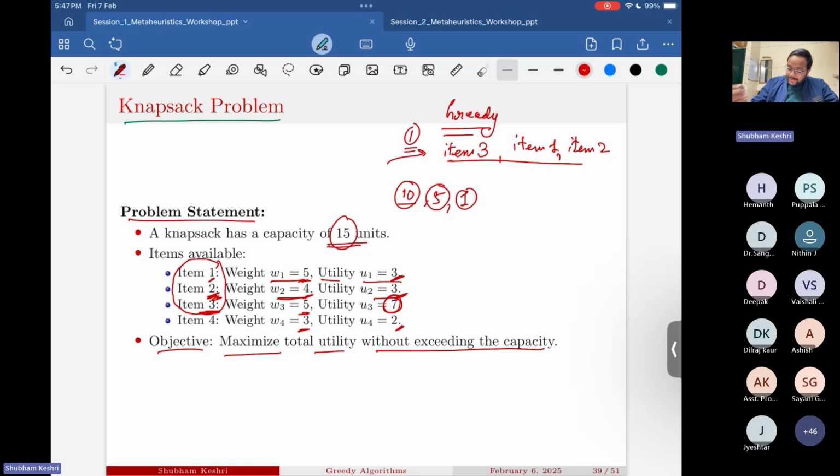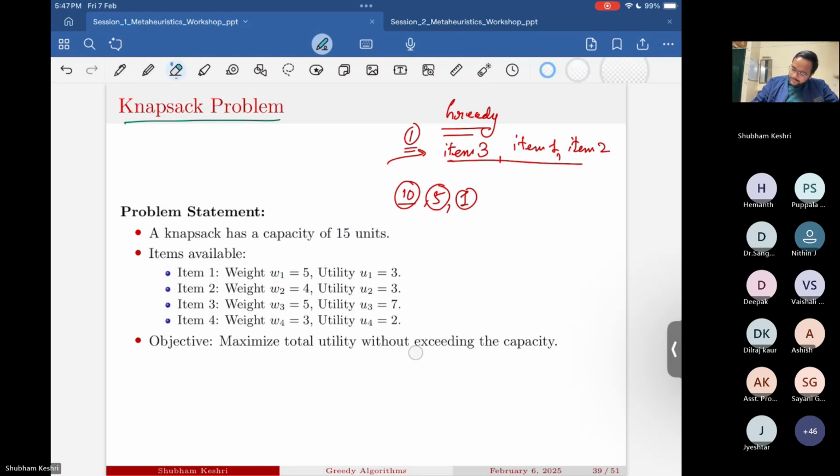Okay, we will not discuss further in this approach. There is one more approach to this problem. So this was just picking items with the highest utility. There is one more, better approach. What is the better approach? You find utility per unit weight. For item 1, if I pick item 1, I will get a utility per unit weight of 3 by 5.